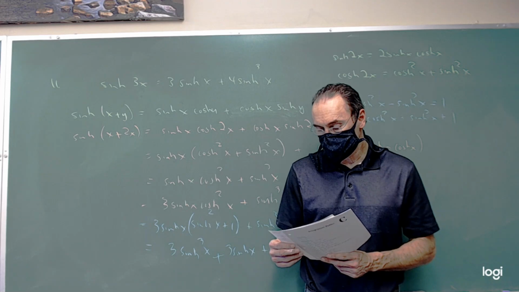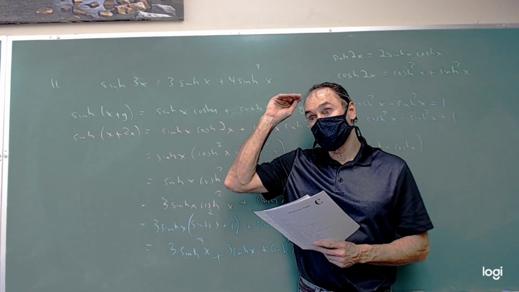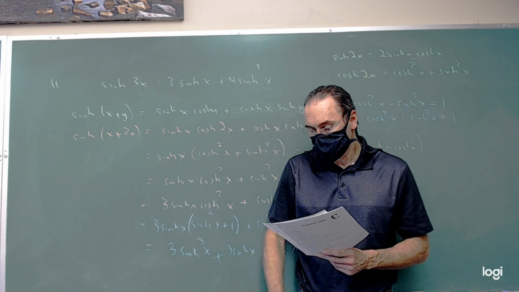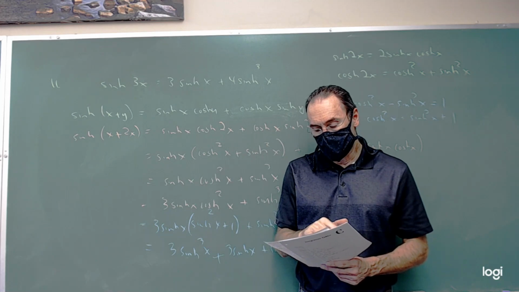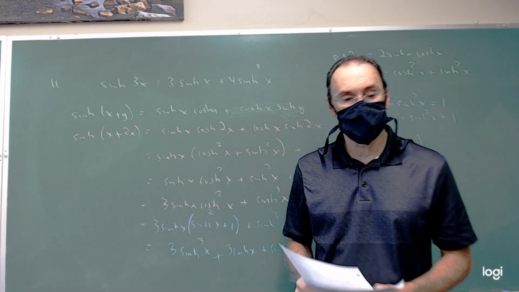Of course, those could have been done using trig substitution, as could the next one, the square root of a squared plus u squared. Then you'll see trig functions, followed by inverse trig functions, exponential functions, and logarithm functions.